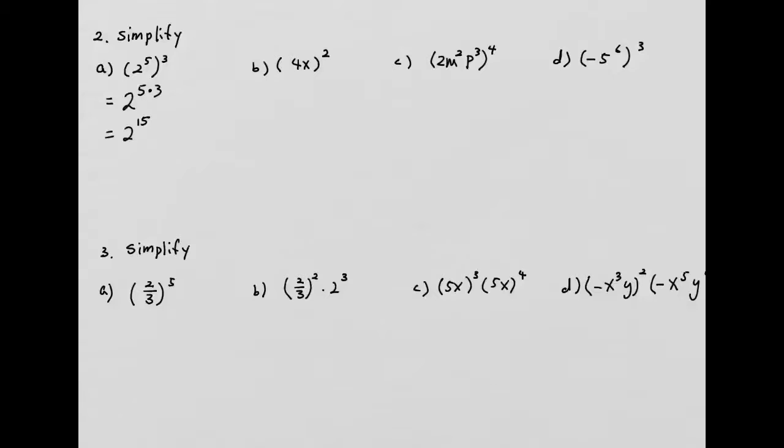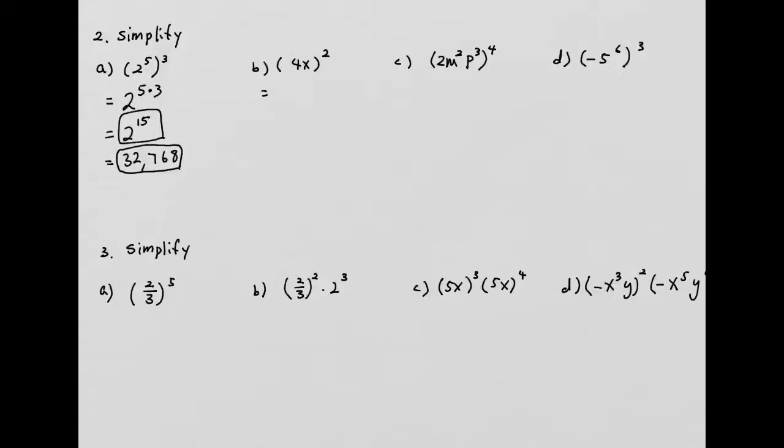If you have a calculator, 2 to the 15th exponent is 32,768. If you don't have a calculator and it's not simple numbers to multiply, then you can just leave it as 2 to the 15th exponent. Because it says simplify, right? Not finding a solution.